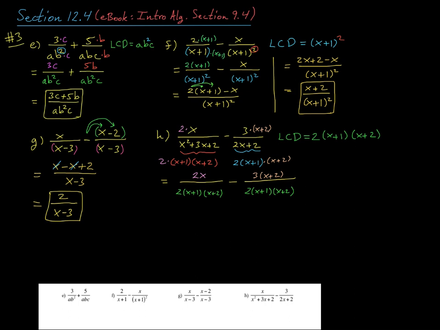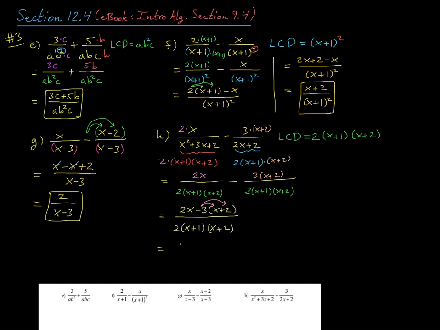Okay, great. So now we can go ahead and combine numerators. So I'm going to get 2x minus 3 times the quantity x plus 2. And then we're dividing all that by that common denominator, 2 times x plus 1 times x plus 2. We're getting there. This one's a little bit longer. And go ahead and distribute this negative 3 next.